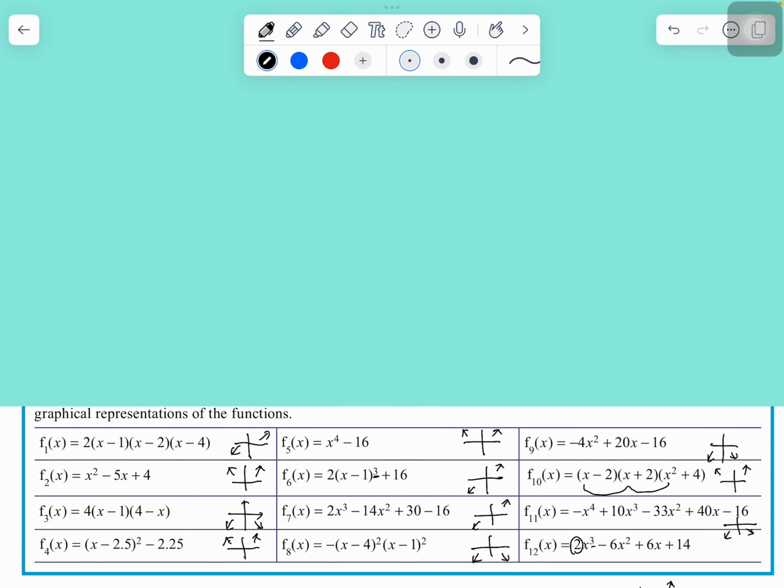So now we will have a look at what x-intercepts look like. Now they have solutions of x equals 1 and 2 and 4. So we need to put the points on the x-axis where x equals 1 and 2 and 4, and we call them x-intercepts.